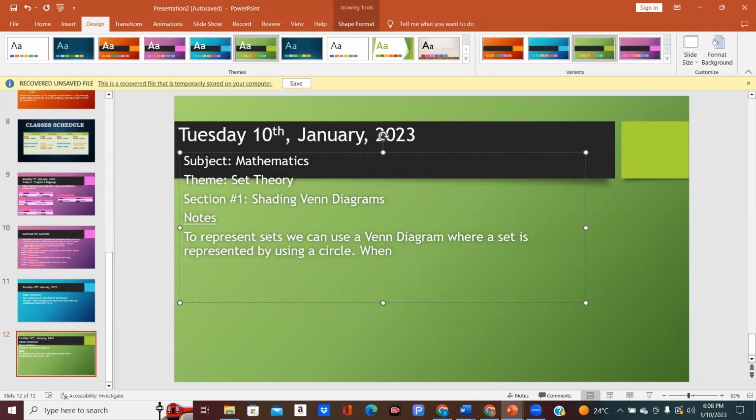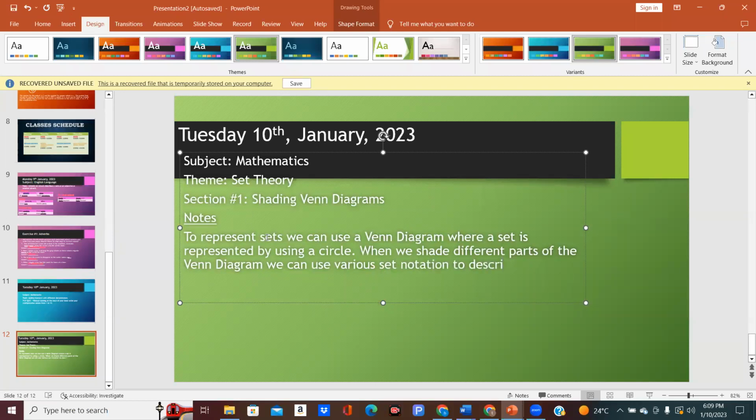And when we shade different parts of the Venn diagram, we can use various set notation to describe.